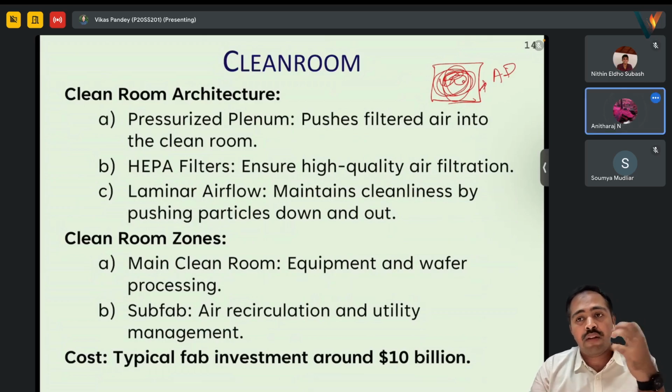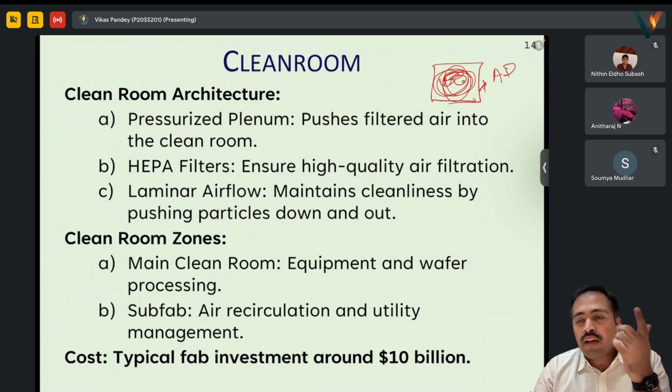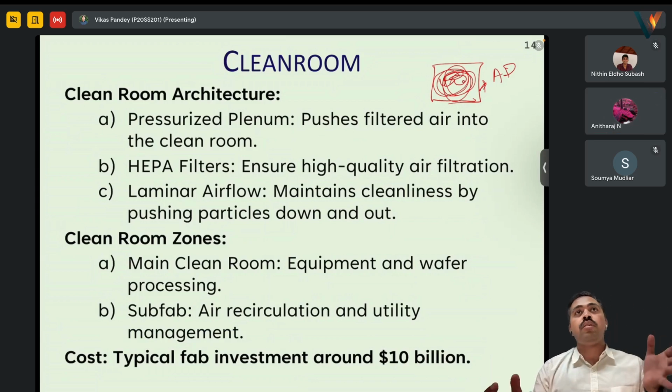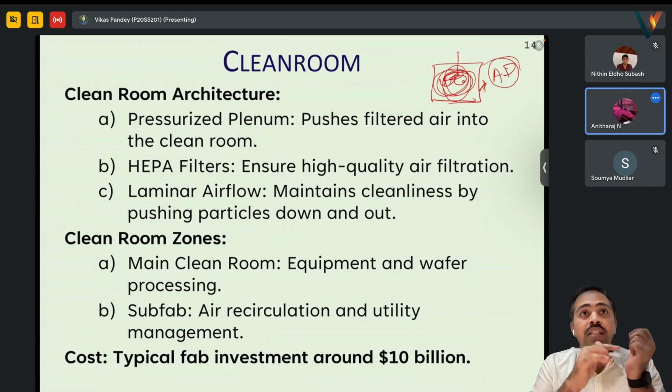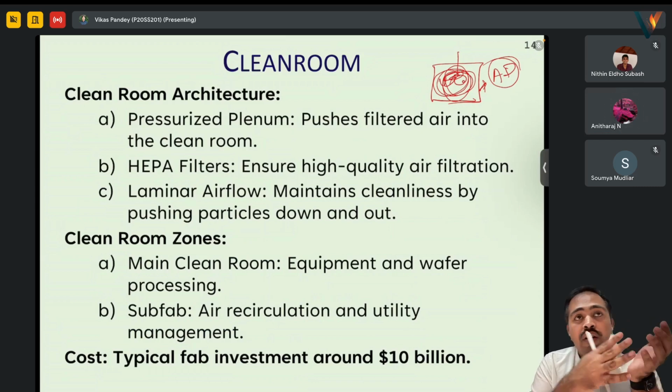It will contaminate the room. But what we have done is put a pressure higher than the atmospheric pressure inside the room. So what will happen in this case? The pressure will get decreased, sir. How will that happen?